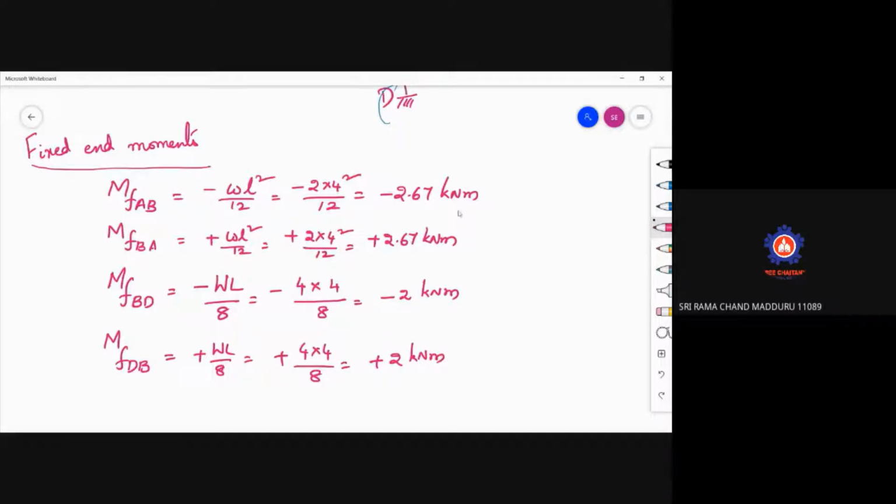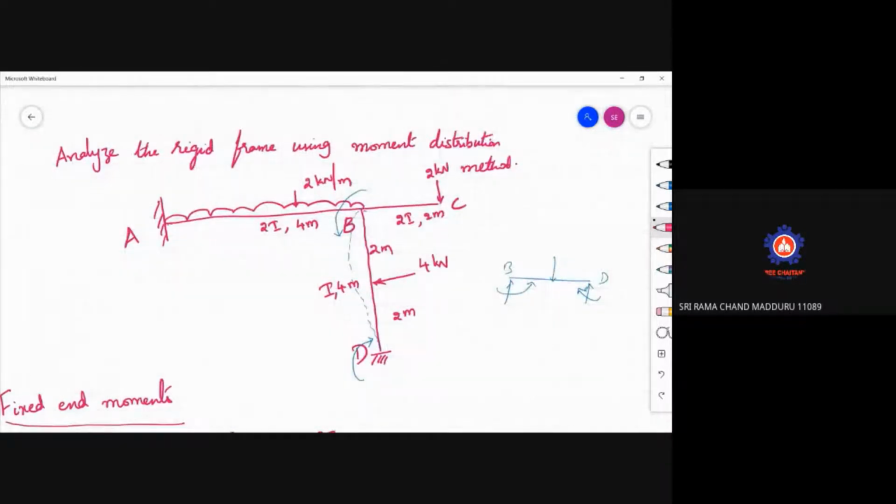As this hanging portion is there, the external moment due to the point load will be like this, which is 2 into 2, 4 kilonewton meter. At support B, the resisting moment will be in this direction.